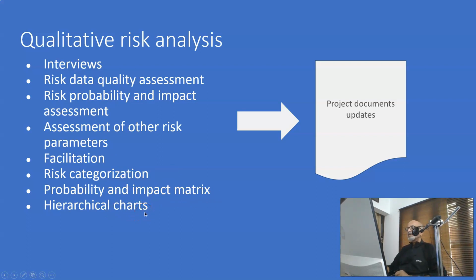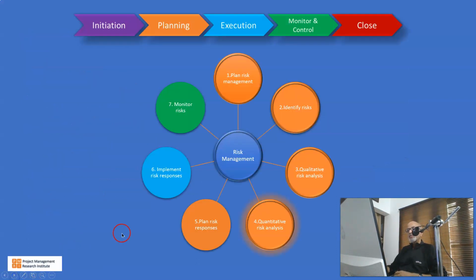We discussed the risk breakdown structure, that is an example of a hierarchical chart. Probability and impact matrix also we discussed. Risk categorization we discussed. And the probability and impact scales get defined in the project plan itself. We discussed that. So most of the things must be clear for us now.